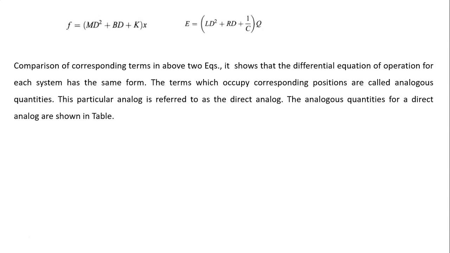Therefore, again I will write these two equations. F is equal to (MD square plus BD plus K) into x, and E is equal to (LD square plus RD plus 1 upon C) into Q. Therefore, by comparing the above two equations, it shows that the differential equation of operation for each system has the same form.